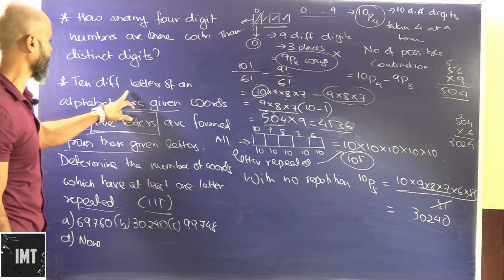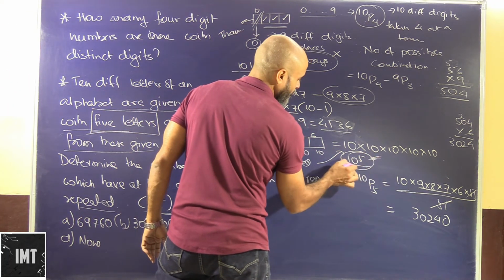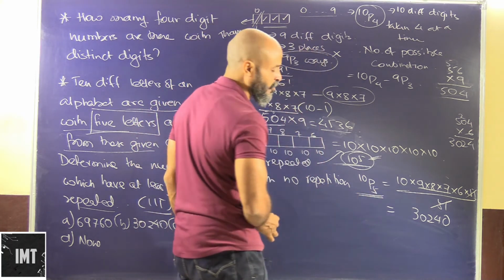Now for at least one repeated, we have 10 different letters. This is with all repetitions and this is with no repetition.